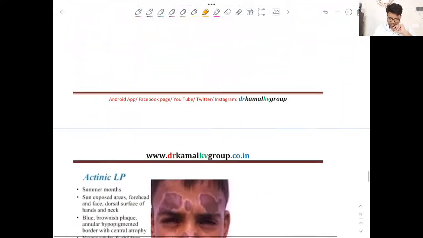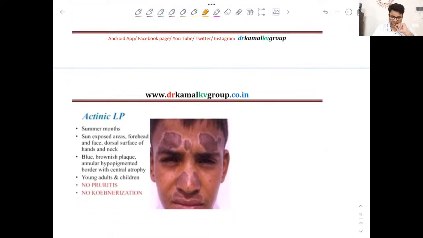Okay, yes, this is a better image here. If you can see, number one, face, what you call sun exposed part, right? Then number two, you can clearly see the hyperpigmentation, very clearly, right? So this dark is all hyperpigmented area, right?